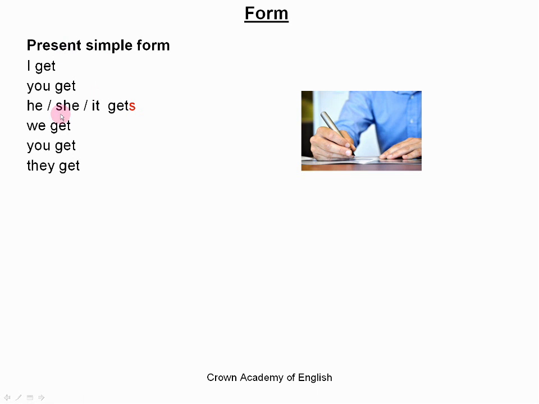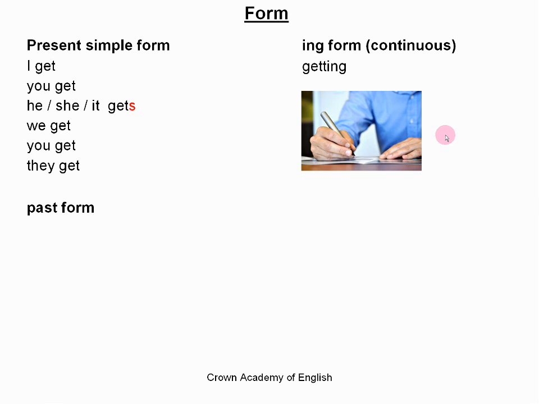Okay, so in the present simple it's regular, it's normal. The ing form, or the continuous form, the progressive form, is getting. So just be careful of the spelling. There is an extra letter T. So we double the letter T and add ing. So for example, we would say, I am getting.